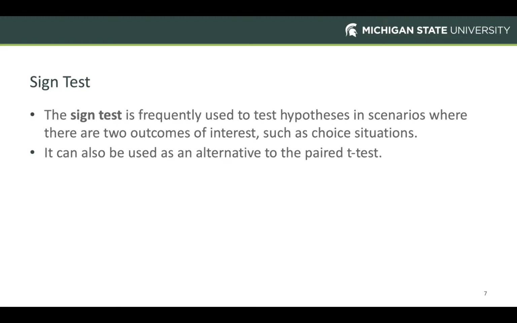And to that end, it's also often used as an alternative to the paired t-test. So in that instance, we can look at our 2 samples of interest and we can determine whether or not one sample is greater or less than the other. And so that's very similar to that binomial choice situation that we had just alluded to.